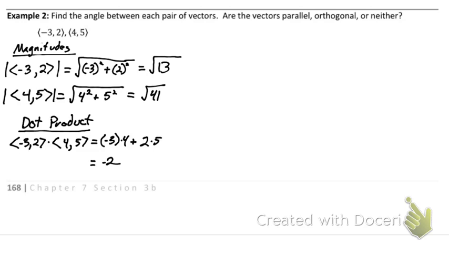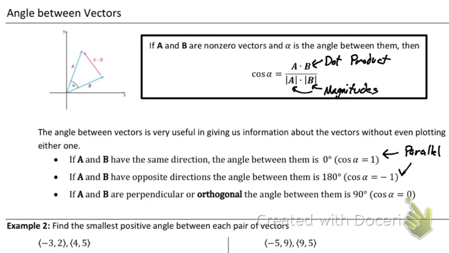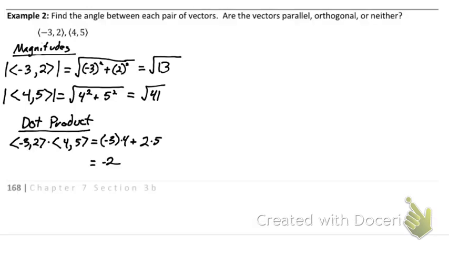All right, our angle between formula is cosine alpha equals the dot product divided by the magnitudes multiplied. So we are going to have cosine of alpha equals the dot product, which is negative 2, over my two magnitudes being multiplied, so that's square root of 13 times the square root of 41.